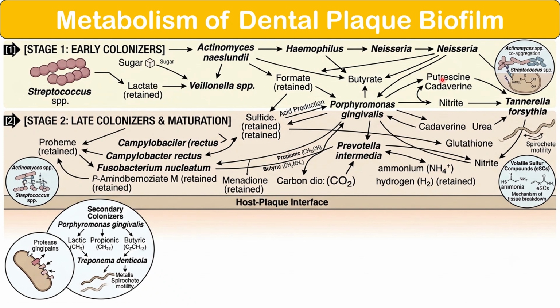These metabolic products help maintain the biofilm, create an anaerobic environment, contribute to oral malodor and can damage the surrounding periodontal tissues. Therefore, the metabolism of dental plaque is not a single bacterium's activity, but a coordinated interaction among many bacterial species.